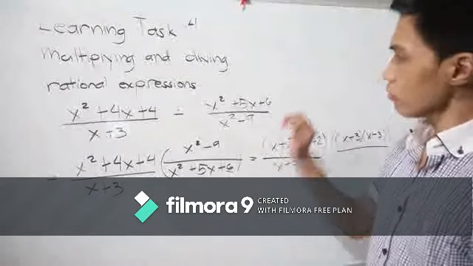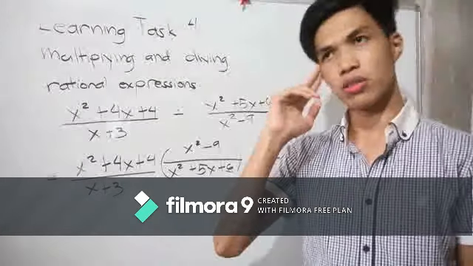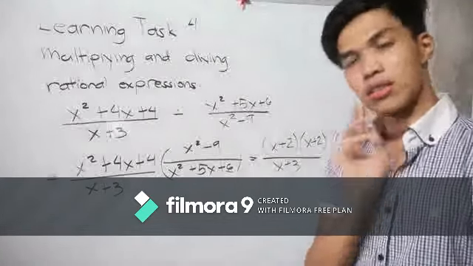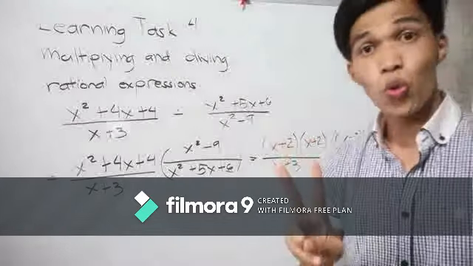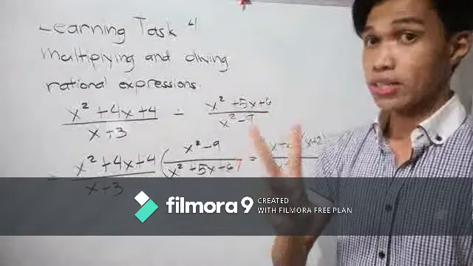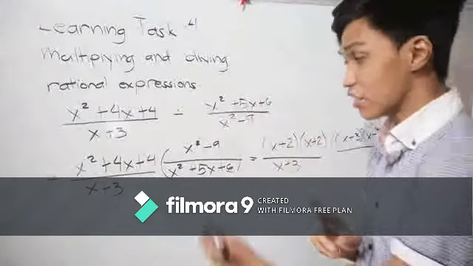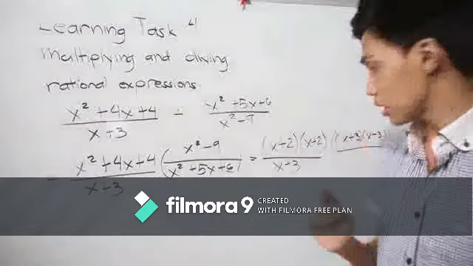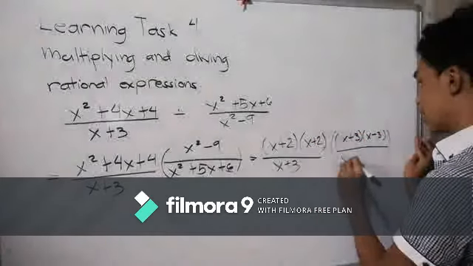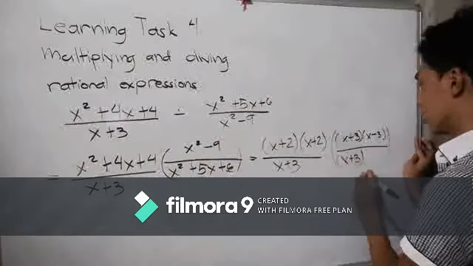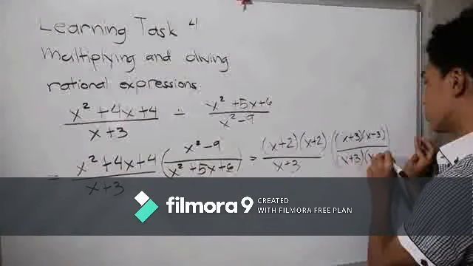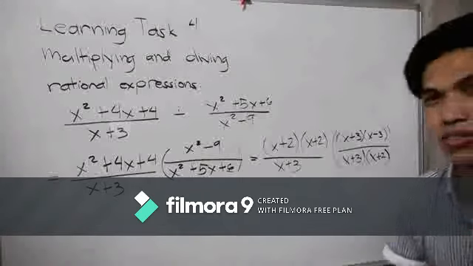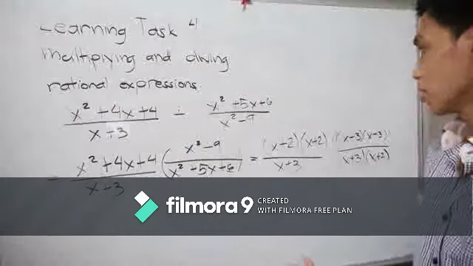So, ano ba yung dalawang numero na pag minultiply ko ay 6? That will be 2 and 3. Yung 2 and 3 na yun, pag pinag-add is 5. That's correct. So, the two factors must be x plus 3 and x plus 2. Yun lamang yung technique na ginagamit ko.